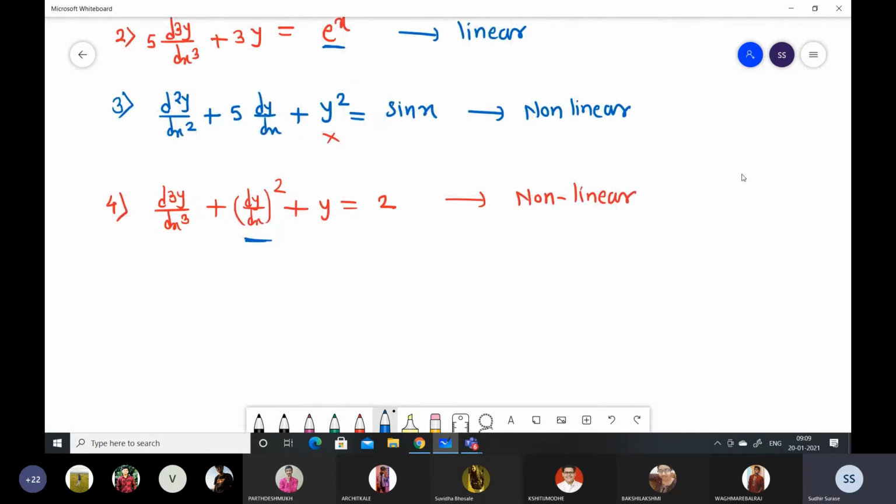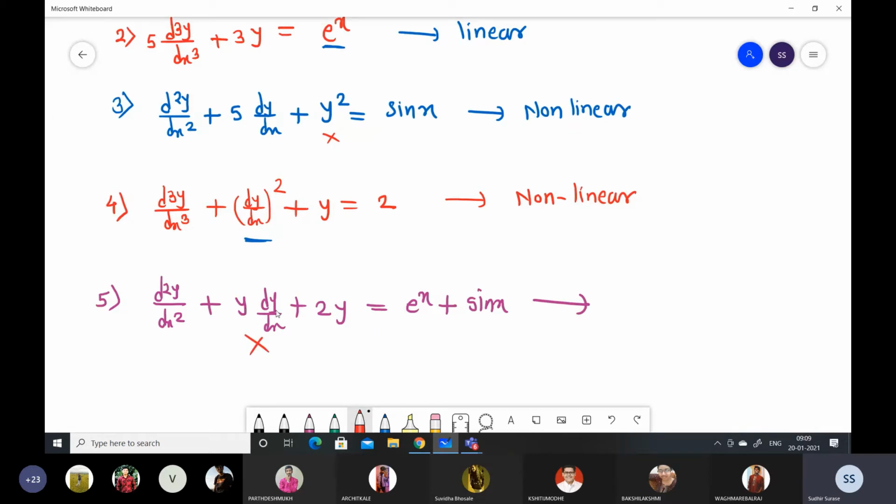And now I will take one example where we will have product of dependent variable with its derivative, right? So d2y by dx square plus y dy by dx plus 2y is equal to e to the power x plus sine x. Now we can see this is also non-linear just because this product is involved, y into dy by dx.